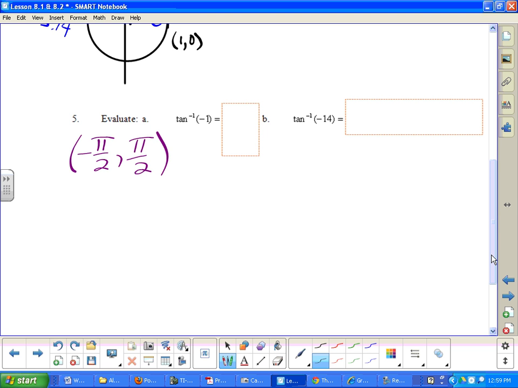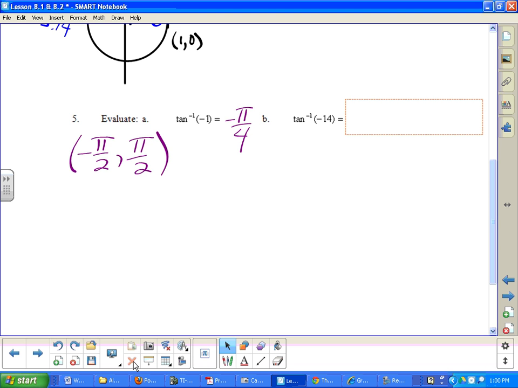Okay, it's negative, so it's got to be in the fourth quadrant. Where's tangent negative in the fourth quadrant? Negative pi over 4. Okay, it's coterminal with 7 pi over 4, but it's not. It has to be between 0 and negative pi over 2, so it's at negative pi over 4.